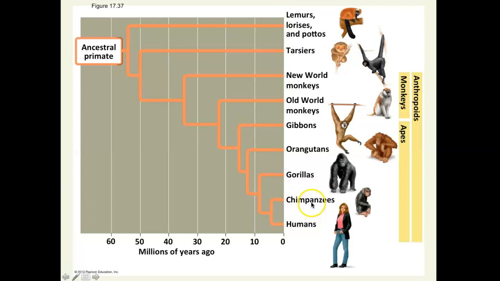So notice that chimpanzees and humans, I think we've talked about this before, are the closest in relationship. So we are sometimes considered a 3rd chimpanzee. The chimps and humans are very closely related, closer than chimps and gorillas, closer than humans and gorillas.